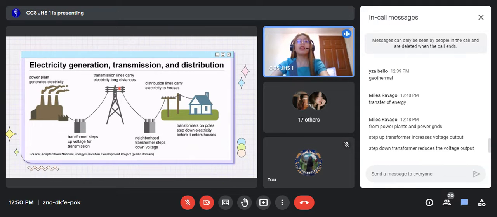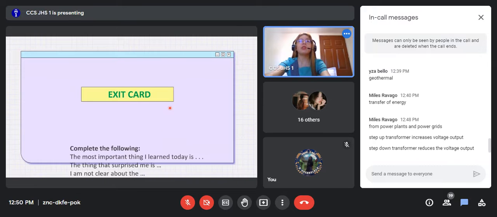And then transmission lines. And then we have another transformer, so this is the step-down transformer to reduce the voltage, and then before distributing to the local distribution lines. So let's talk about electricity distribution.